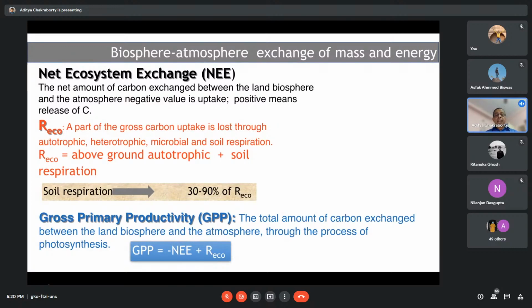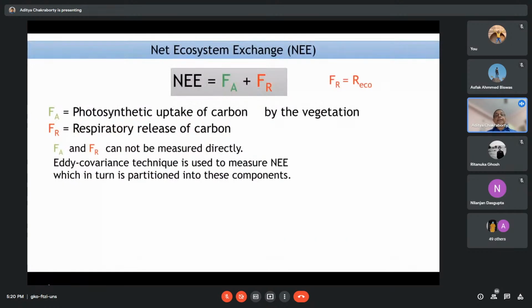If the magnitude of NEE is more than RECO, then GPP will exceed the RECO value. Otherwise, it may be less than the RECO value. This part will be clear when I explain it later in my talk.